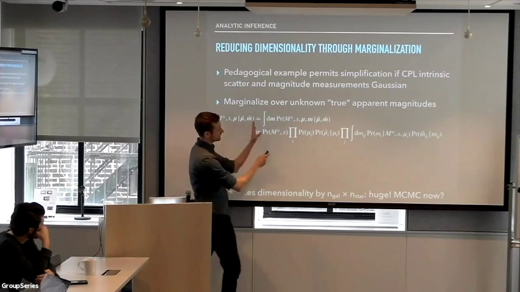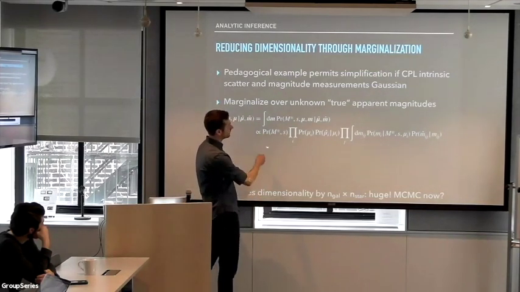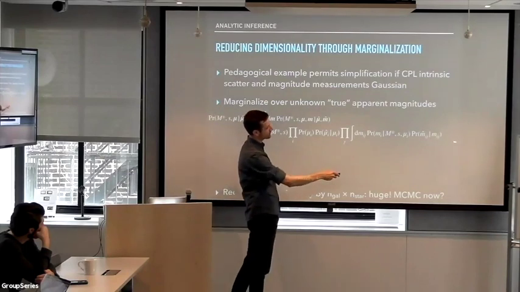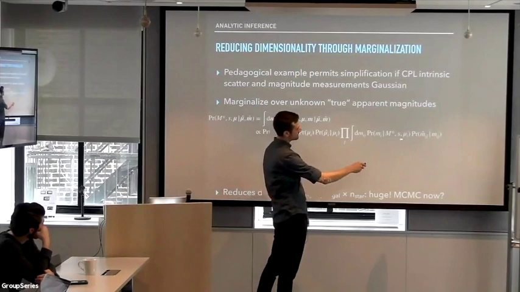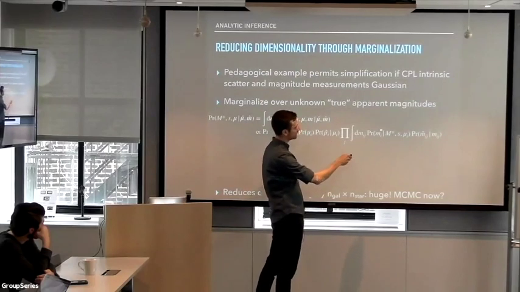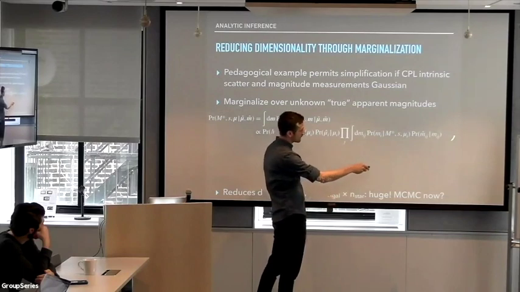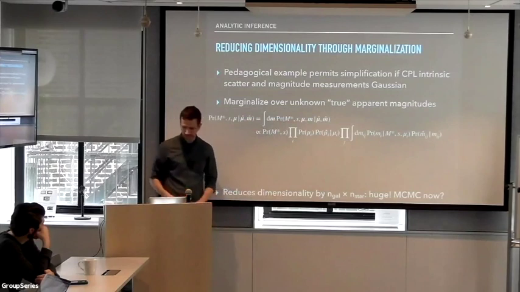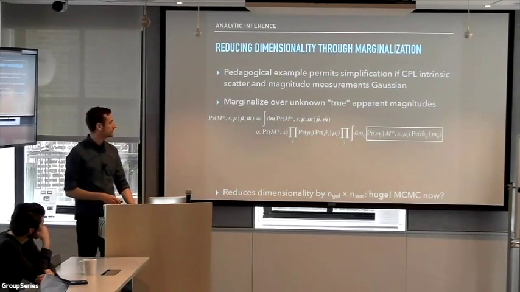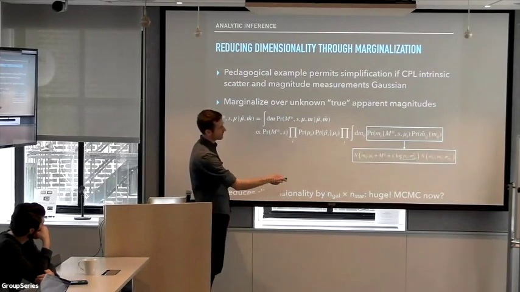You can plug that in and then shuffle this integral all the way down to the bit that depends on the magnitudes. Here we have essentially the prior for these likelihoods, I'm missing a J, times the likelihood, and you have it for every star in every galaxy. But if everything's normal, then you can just write this down as a product of two normals.